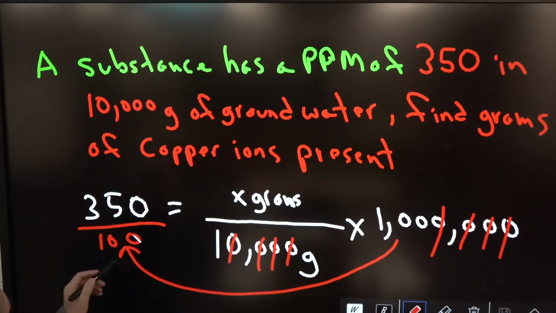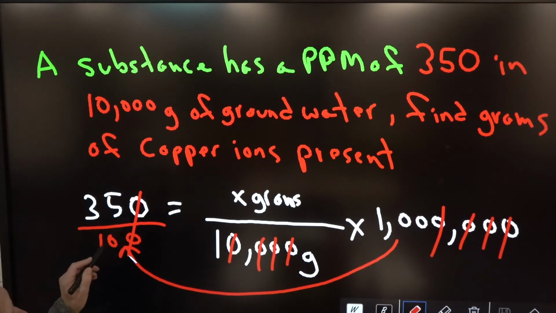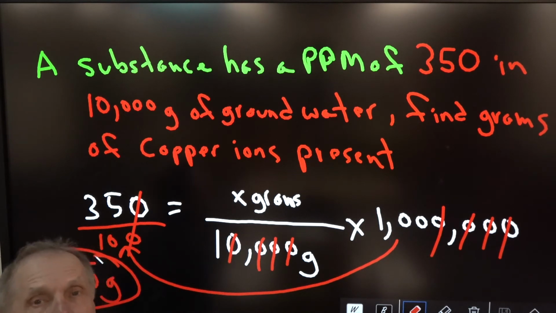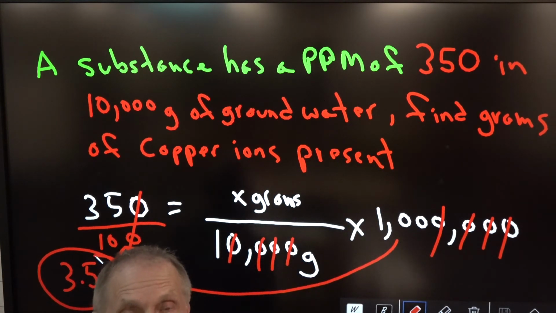So we knock off those two zeros and we divide 35 by 10. So your answer for this would be 3.5 grams. So that would be 3.5 grams of copper ions in 10,000 grams of groundwater and a ppm of 350.